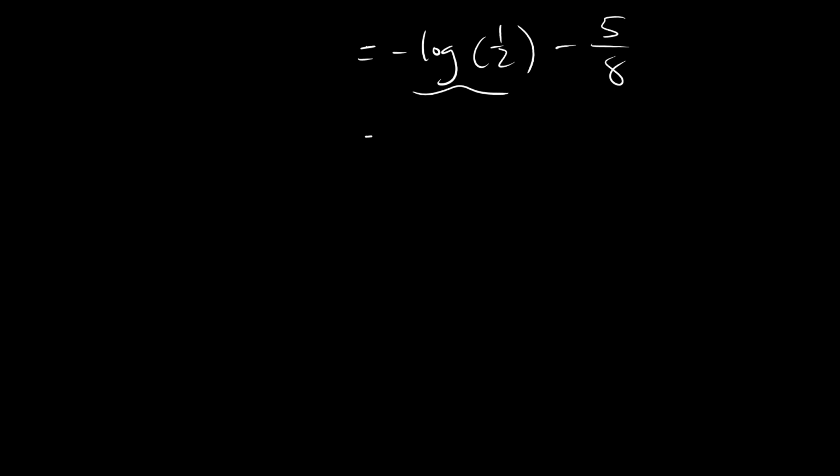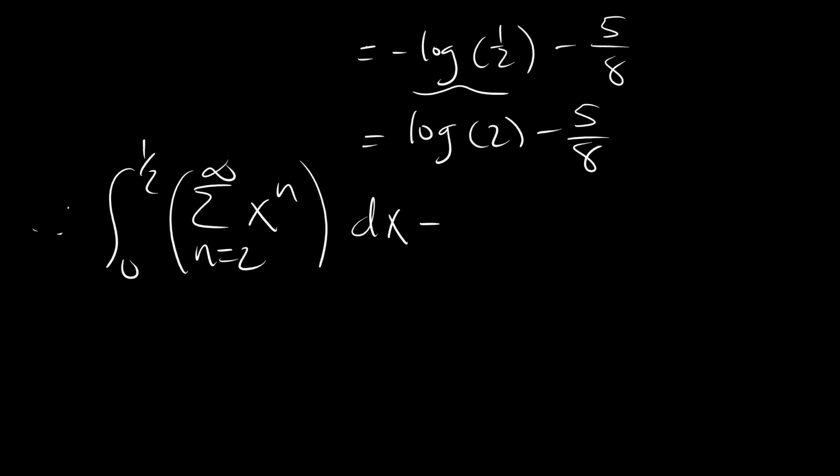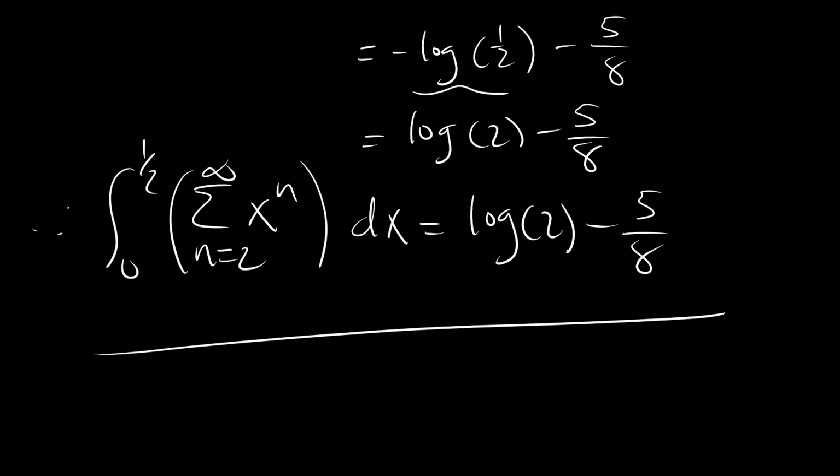And this can be re-expressed as positive log of 2 minus 5 over 8. Therefore, the integral from 0 to a half of the summation from n equals 2 to infinity of x to the n is equal to log of 2 minus 5 over 8. And that is the answer, ladies and gentlemen.